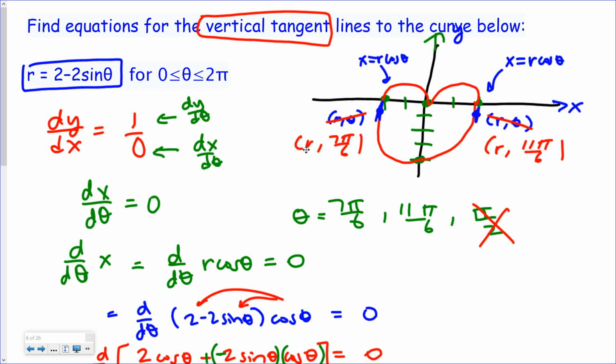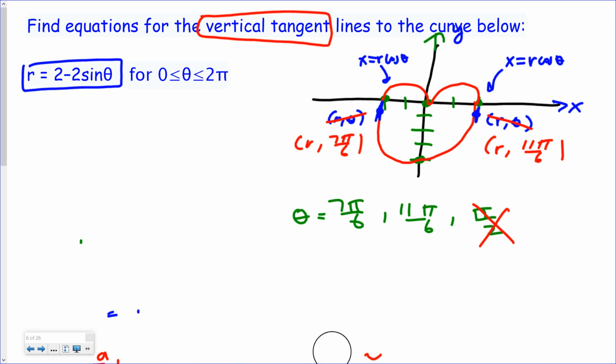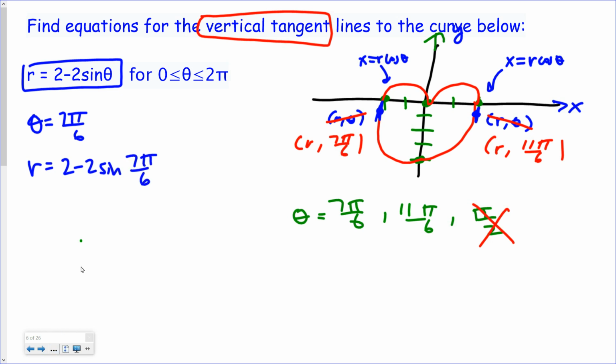Okay, right here, I've got my theta. If I have my theta, how do I find my r? Because in my x equation, I need r and theta. You plug in right here. You guys see that? Okay, so let me go back over here. Let me start all over. I'm going to say when theta is equal to 7 pi over 6, my r is going to be equal to 2 minus 2 sine of 7 pi over 6, right?